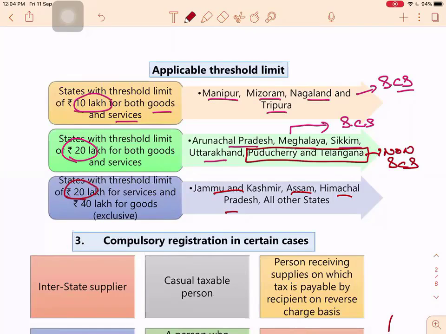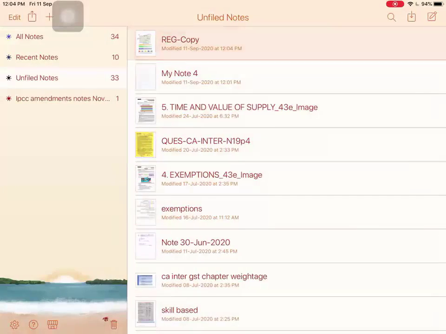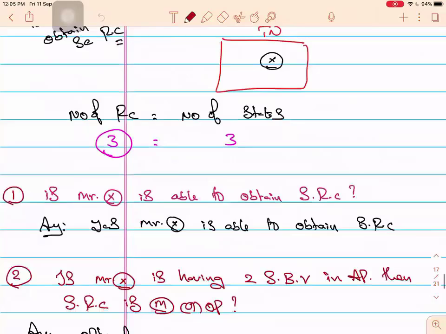This was what was there in the material. Now we have to segregate these things in an understandable manner. How many special category states are there? 11.